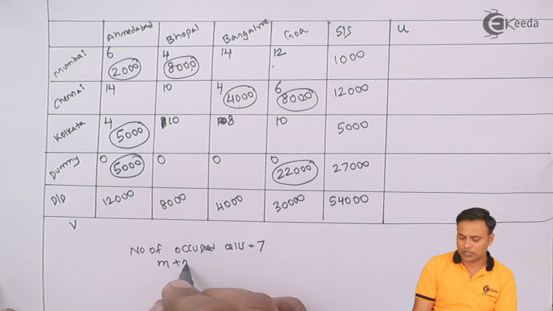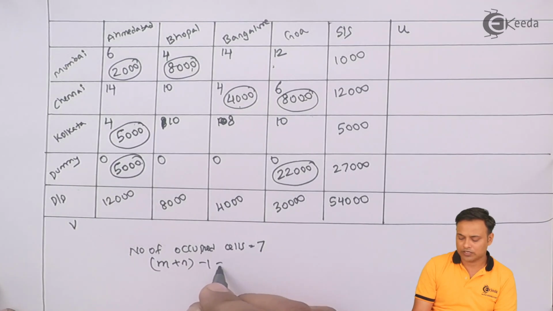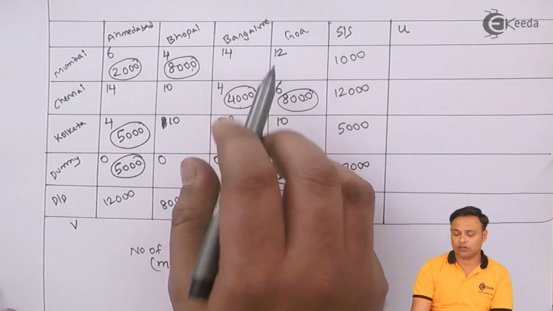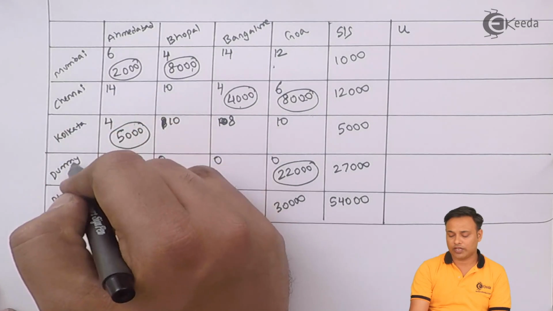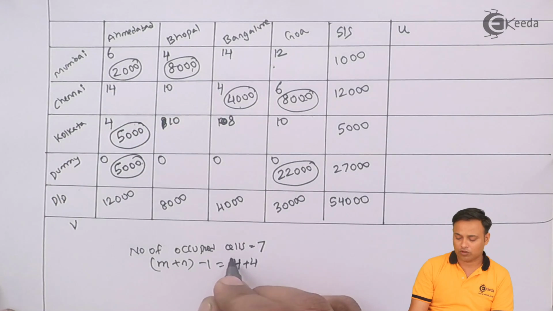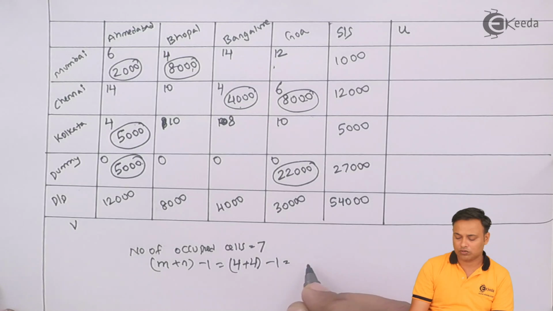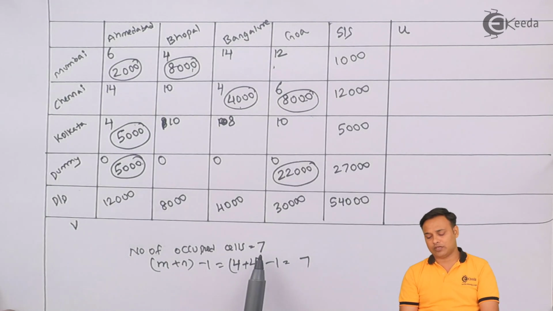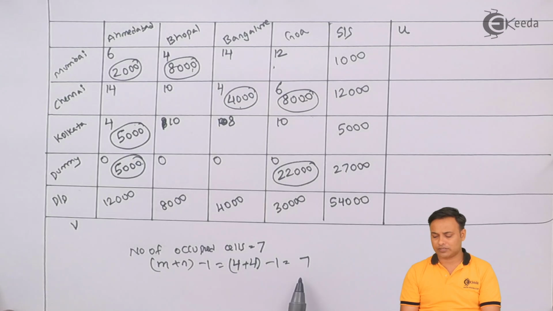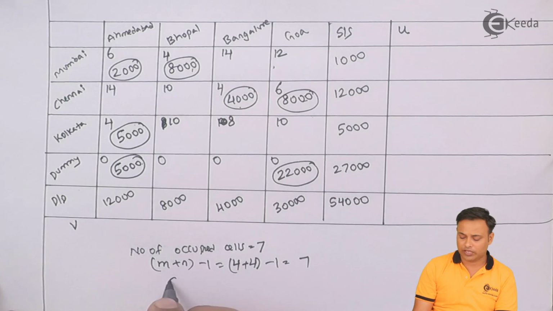Number of rows plus number of columns minus 1: 4 columns, 1, 2, 3 and dummy is the 4, and 4 rows, include the dummy also, minus 1 comes to 7. Since we are getting the 7 both ways, I will say the solution is not degenerate.